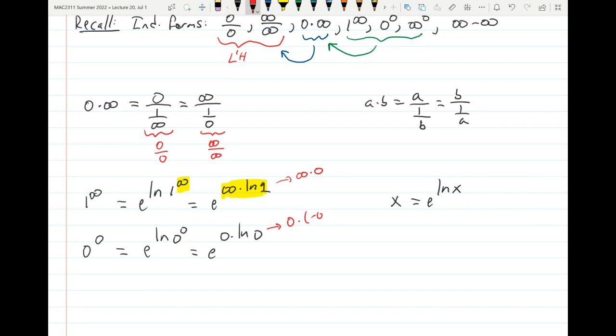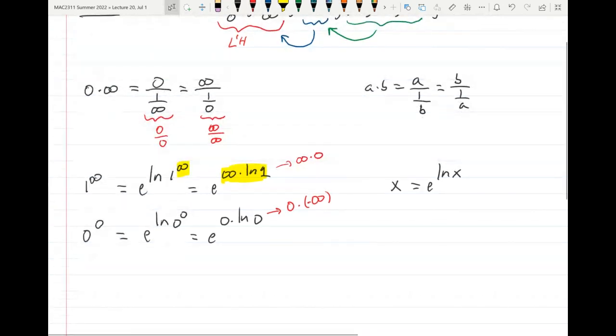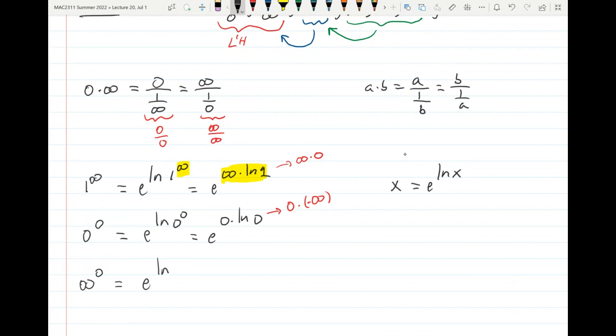It's really 0 times negative infinity, but again, that's just 0 times infinity. Remember, when we say 0 times infinity, it can be positive or negative infinity. So we use the same trick as before to turn it into either 0 over 0 or infinity over infinity. And then finally, for infinity to the 0, we do the same thing.